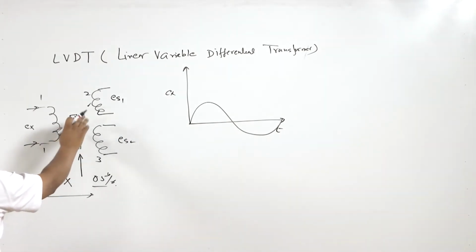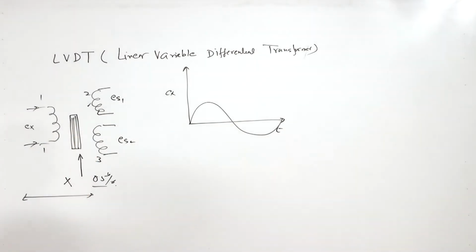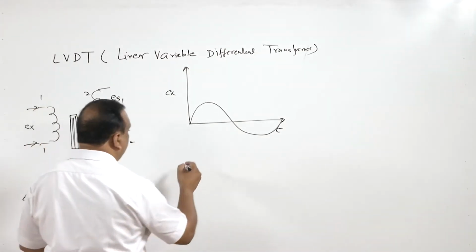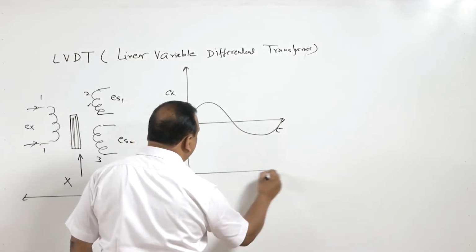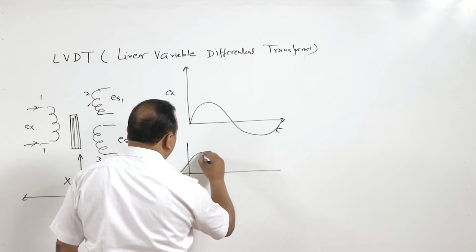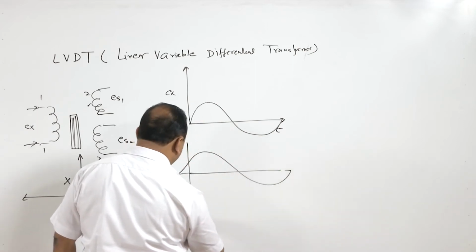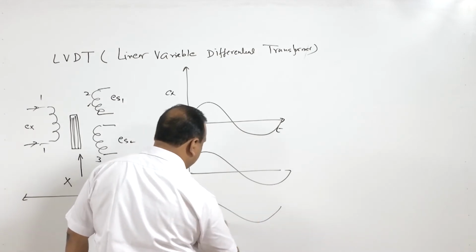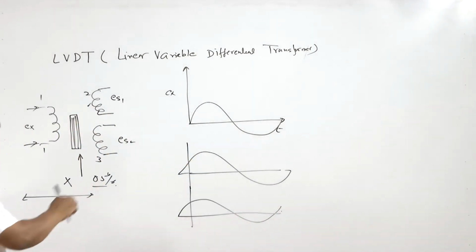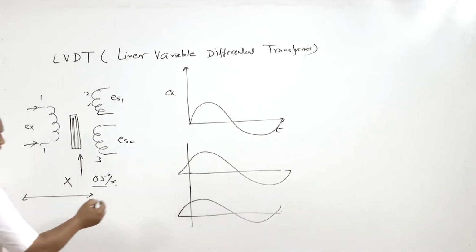There is a core. If the core is in the middle, then it is balanced, and both the coils will get the waveform like this, with a phase lag.